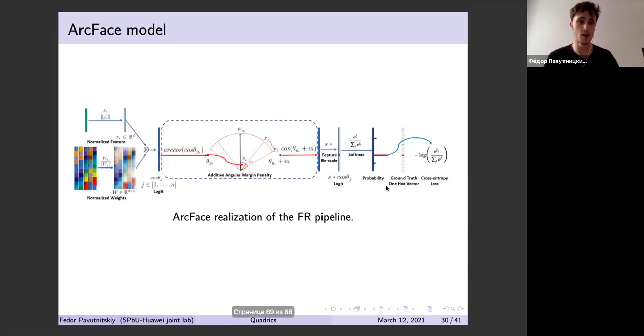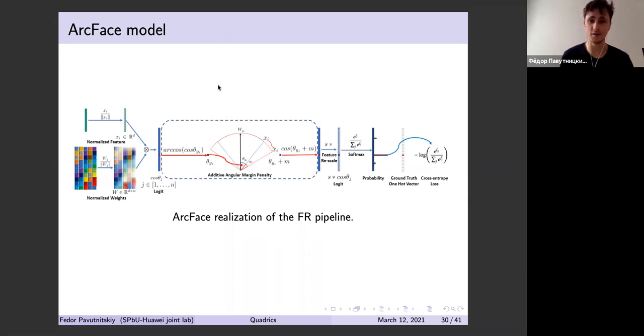In our case, we work with the ArcFace model. The ArcFace model is trained in the following way. This picture is from the original ArcFace paper. I will not explain all of the details; I believe it's not necessary.